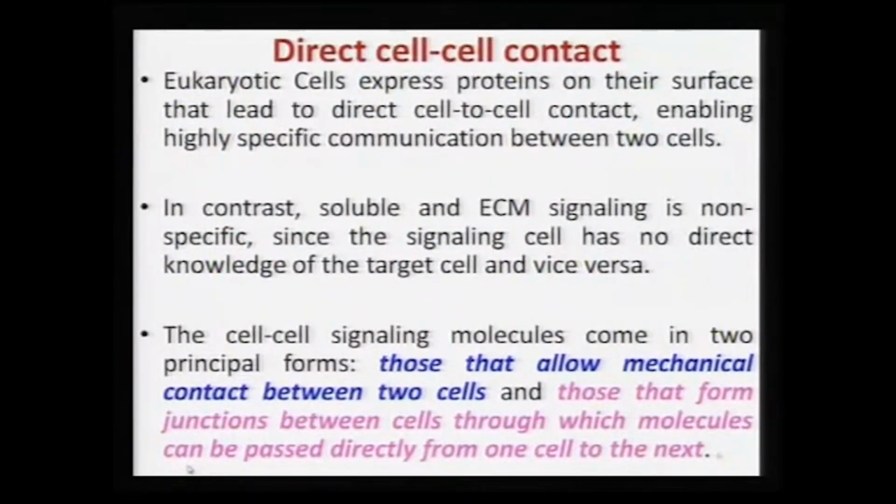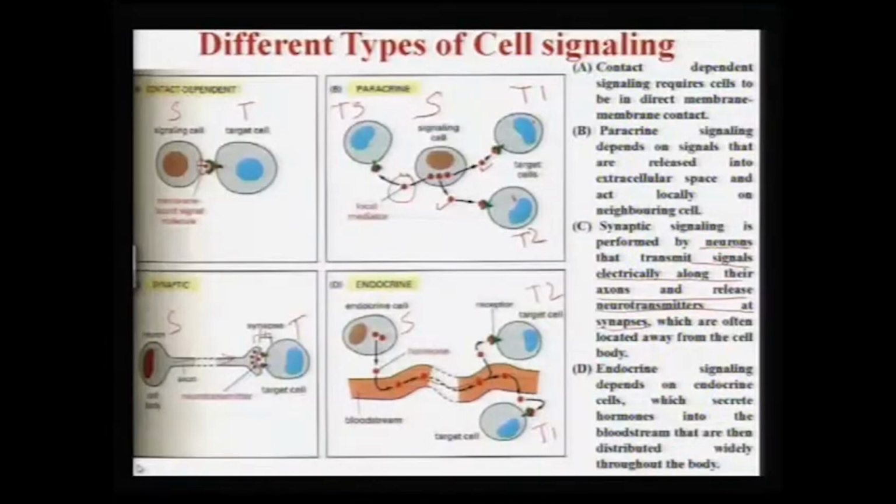So, direct cell to cell contact, a little bit more detail on it. Eukaryotic cells express proteins on their surface that lead to direct cell to cell contact, enabling highly specific communication. Highly specific communication means, if you go back here, the signal molecules generated from this S cell can be transported to either T1, T2 or T3, so it can be non-specific in nature.